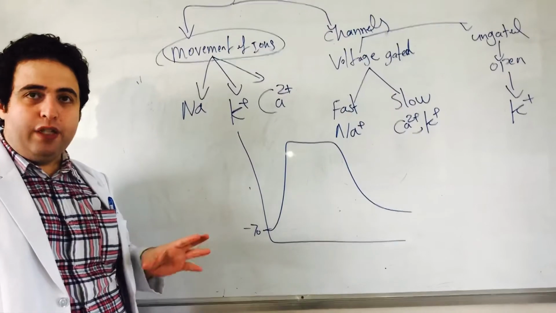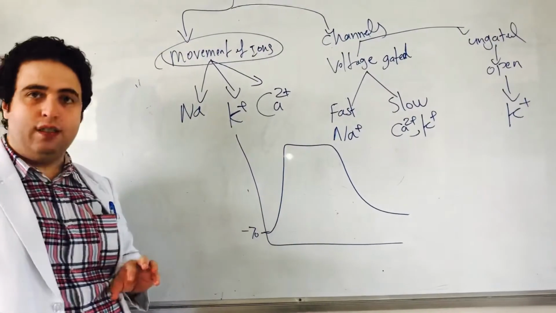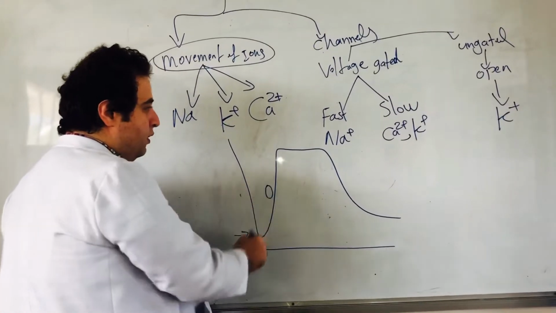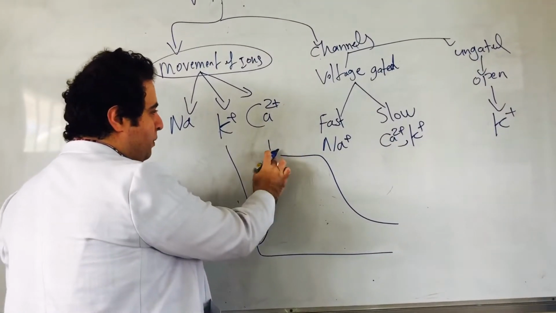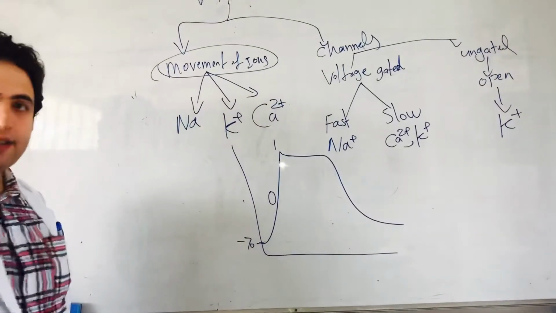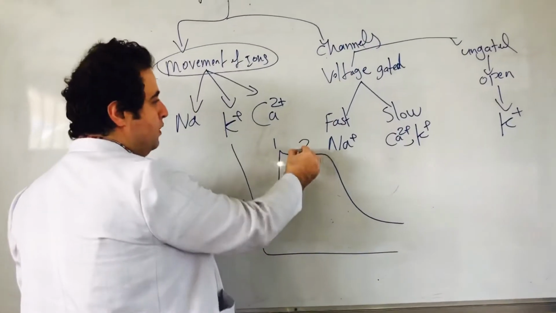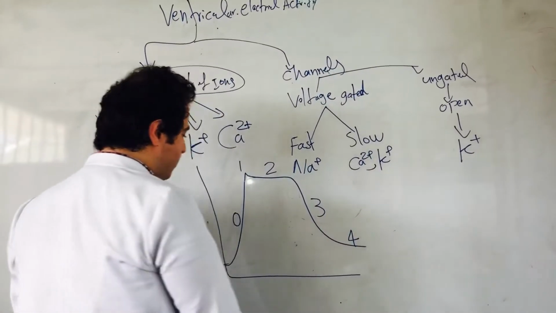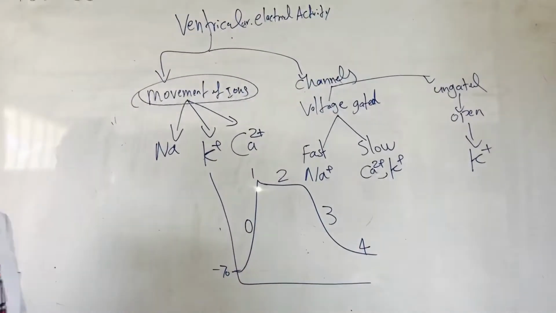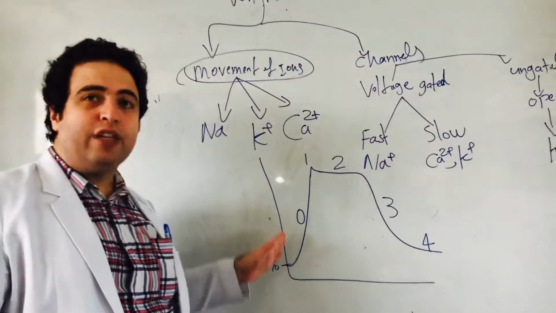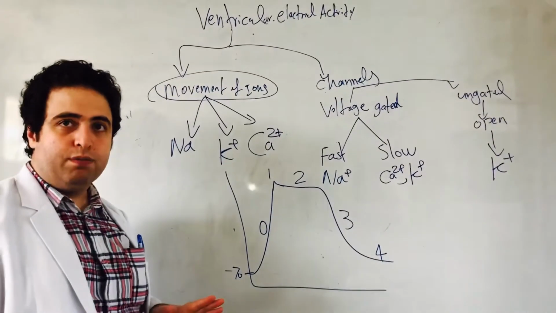Let me explain what that means. So the first phase is phase 0, phase 1. It's much better. Phase 1, phase 2, phase 3, and phase 4. In each one of these phases, a different electrical activity will act.